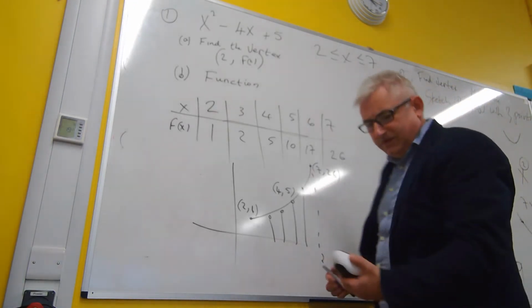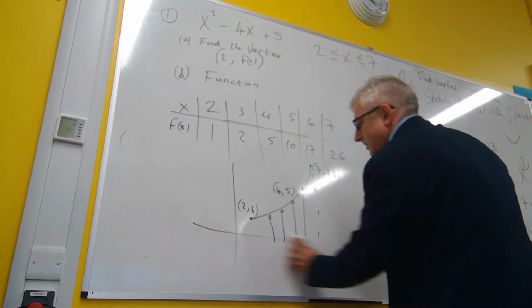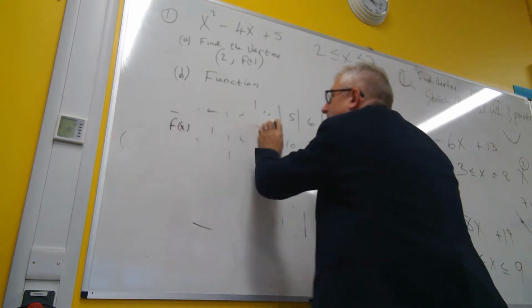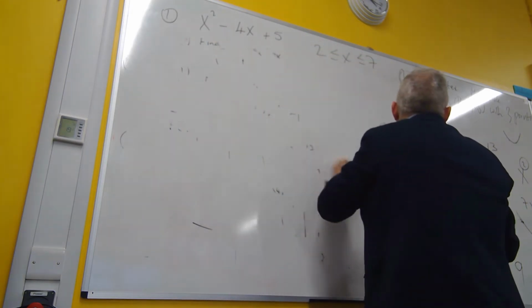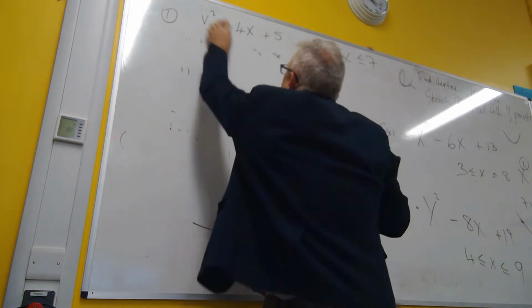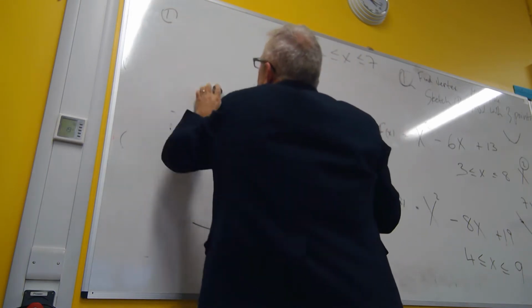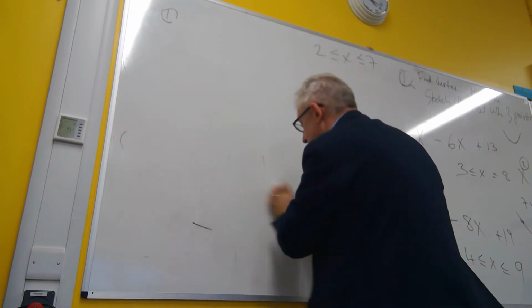We'll wipe out the example that's on the board and we'll just start one of your homework questions. Okay, so the first question is x squared. The first function is defined by a mathematical rule and a domain.